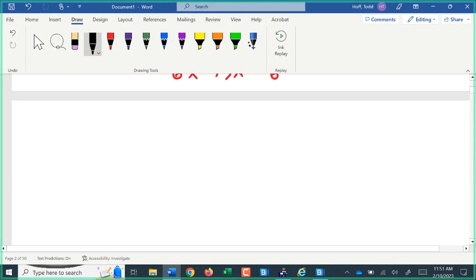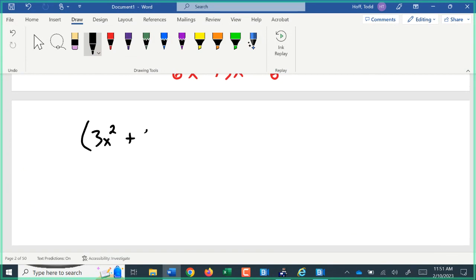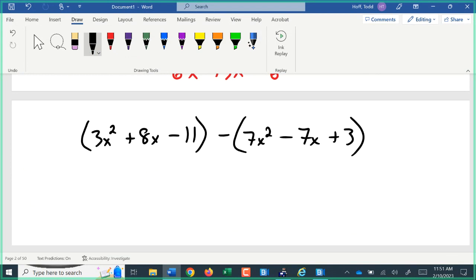If we're subtracting these algebraic numbers, we might have something like 3x squared plus 8x minus 11 minus 7x squared minus 7x plus 3.